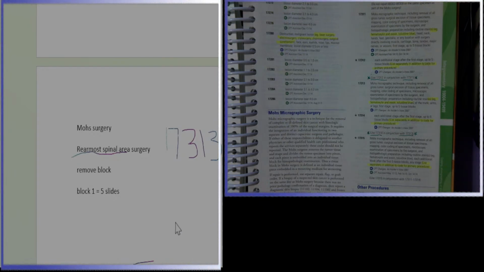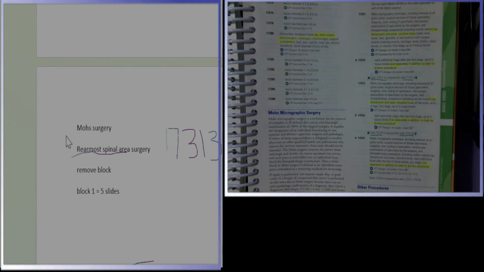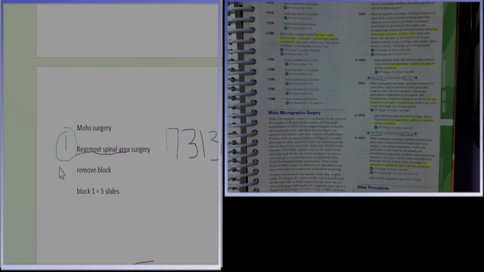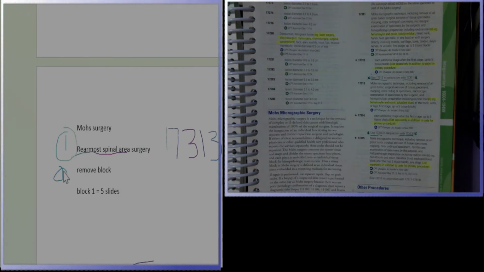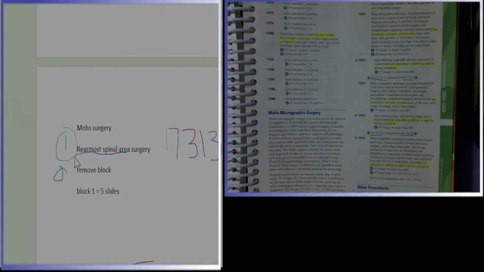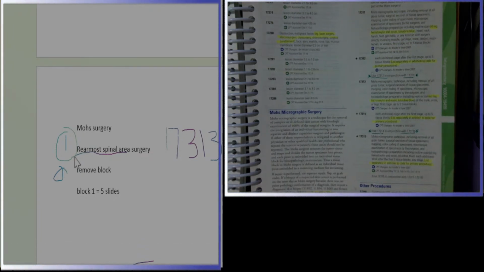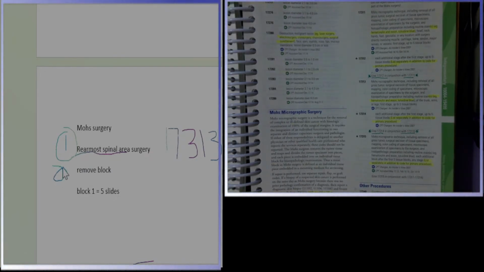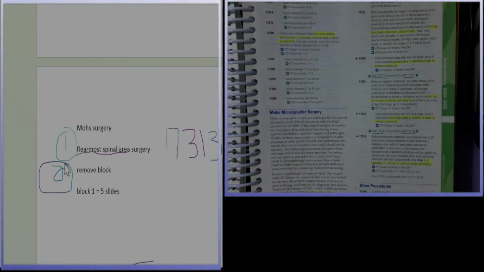How many times did we go to the body and remove something?